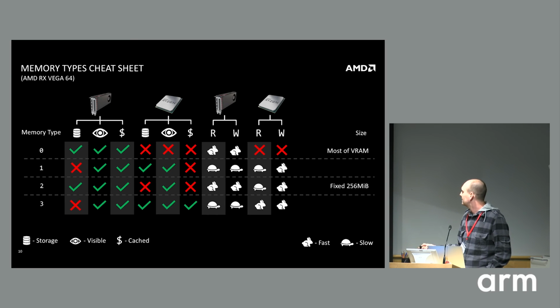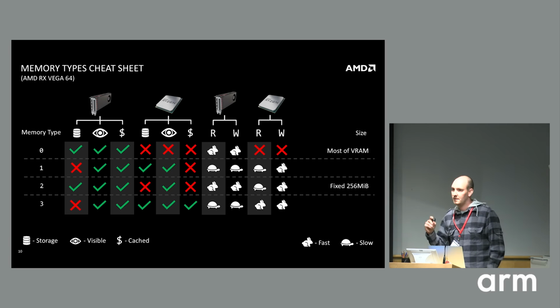And then we've got the next 3 columns: storage, visible, and cached. They are properties of the graphics card. A tick in that first column means this thing lives in graphics memory. A tick in the next column means this is visible to the graphics card.